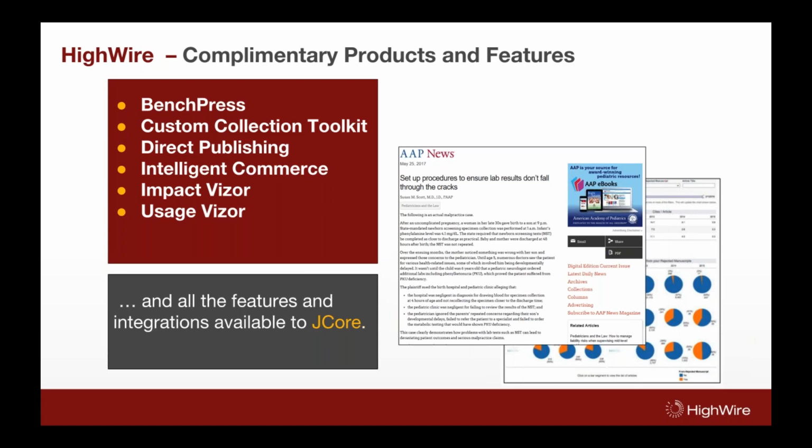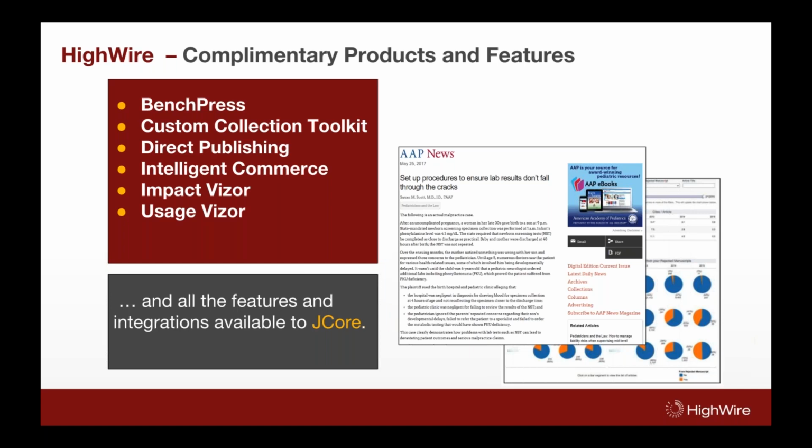So if you want to build collections on the fly, you have the ability to mix and match journal content as well as meeting abstract content and build collections so that they're available on the site. So if there's a trending topic or something in the news where you want to highlight research that you've done very quickly, Custom Collection Toolkit allows you to do that.